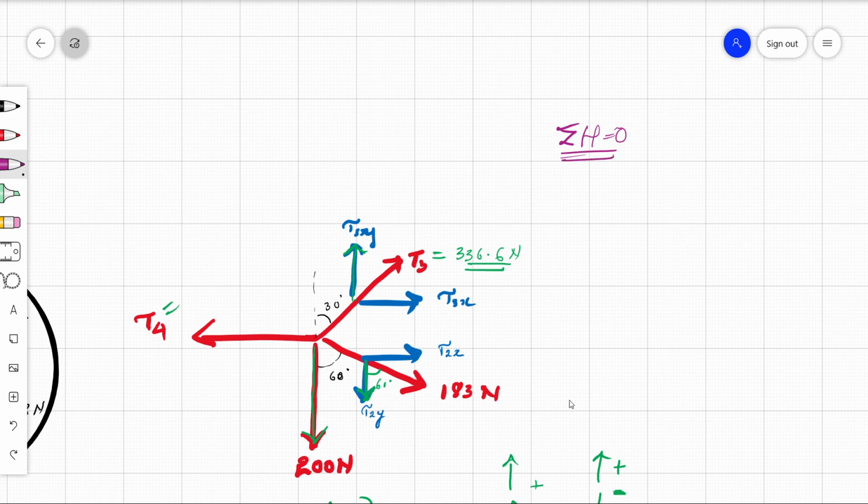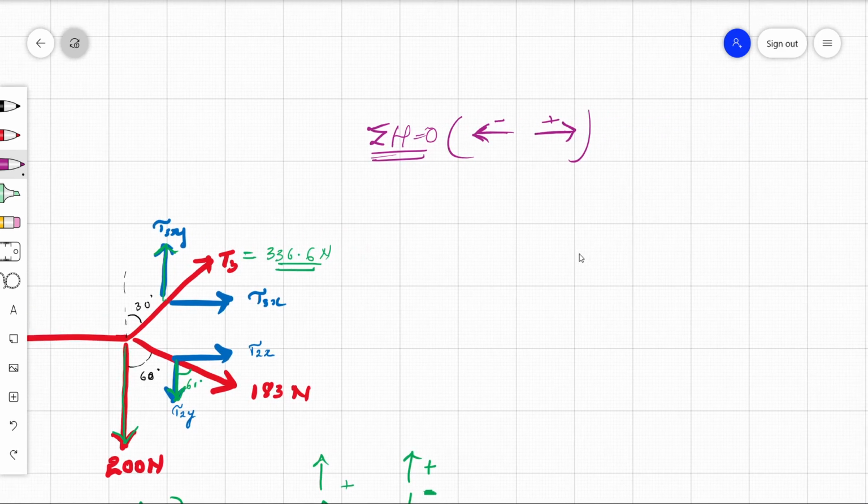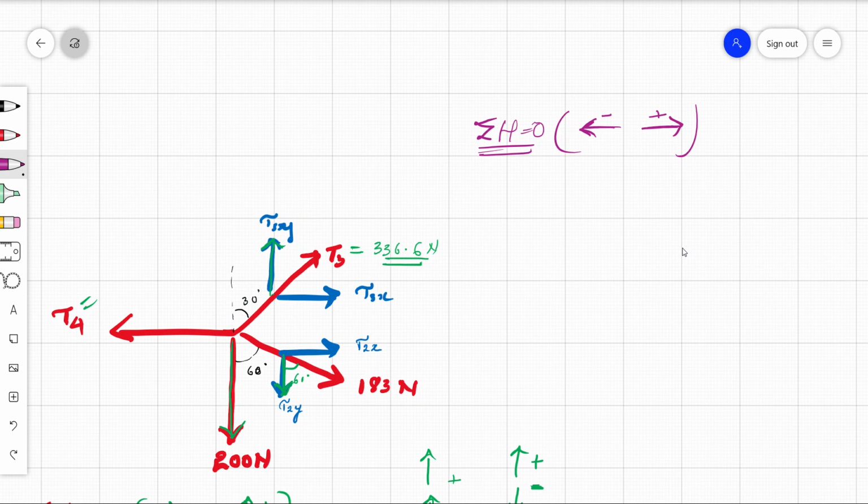What we take is everything that is going in this direction as a negative, everything that is going in this direction as a positive. The same in the x-axis, positive x-axis and negative x-axis. That's it. This is what we are assuming. Okay. So which horizontal forces are there right now? This is one horizontal force, that is T4.